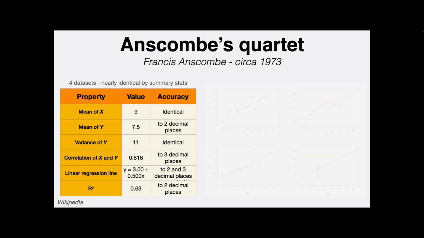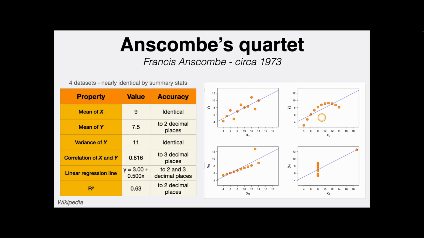And yet, when you plot those data, it's clear that they are fundamentally different data sets with different structure. And so the point here is that relying on spreadsheet or even statistical summaries of spreadsheets alone can be very misleading, and that plotting data can tell you a lot about the nature of that data.